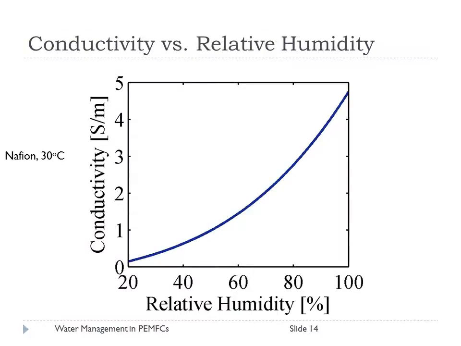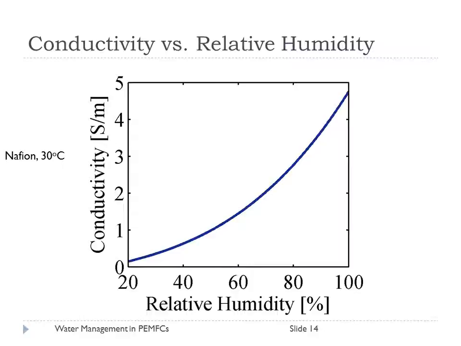And here's what this looks like quantitatively. If you have conductivity as a function of relative humidity, relative humidity is a ratio of the saturation pressure of water vapor compared to the actual pressure of air.